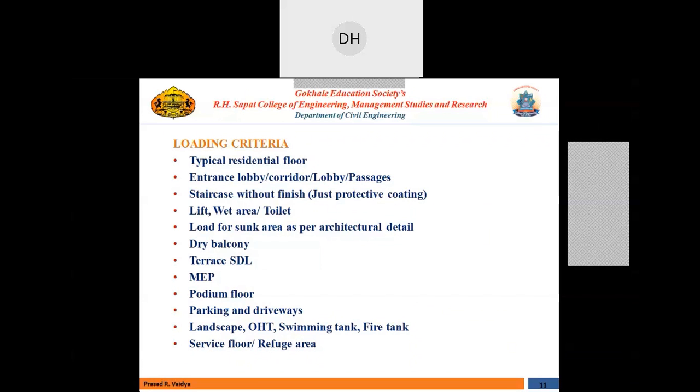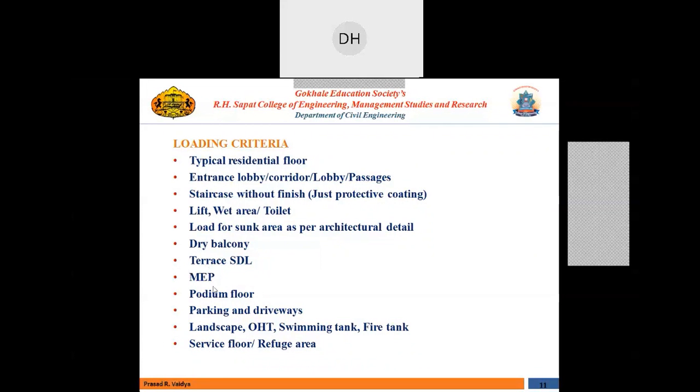No construction is allowed on that particular floor. It is not a usable floor, so it should be kept vacant, right? And the height of the floor is also restricted so that it should not be used for some other purpose. So height is generally 1.8 to 2 meters. So that load you have to consider.